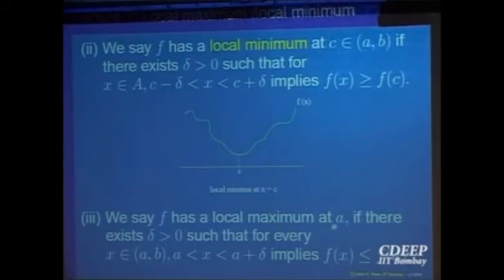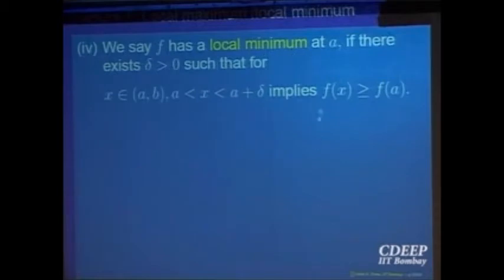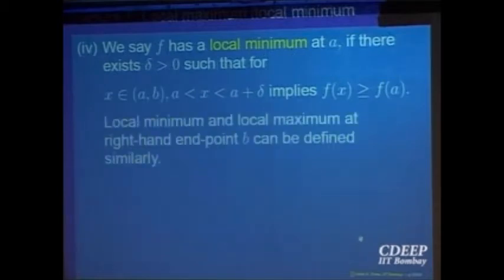We'll say at the point a, there is a local maximum if there is a neighborhood a less than x less than a plus delta, on the right side, so that for all points inside that interval, f of x is less than or equal to f of a. So for endpoints, only a one-sided neighborhood, whichever is possible. At a it will be only a right-sided neighborhood. At b it will be only a left-sided neighborhood for defining whether it's a local maximum or local minimum. Similarly, local minimum at a and similarly at the endpoint b.